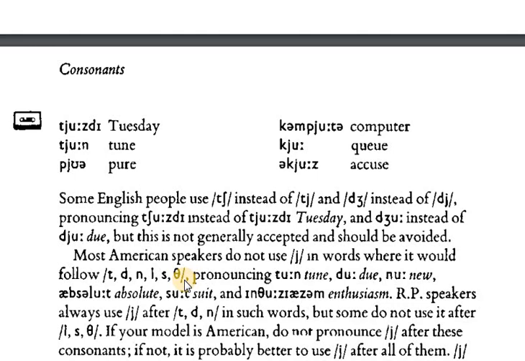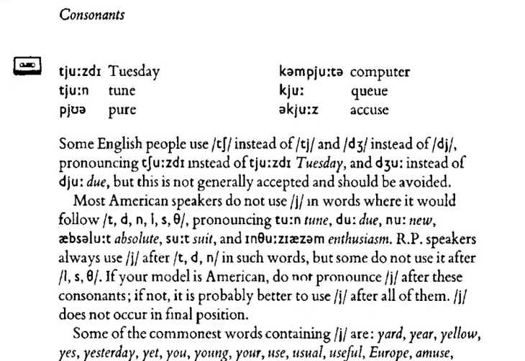But some do not use it after l, s, th. In words which have l, s, th followed by ye, the ye is not going to be pronounced. Now, if your model is American, do not pronounce ye after the consonants. If not, it is probably better to use ye after all of them.